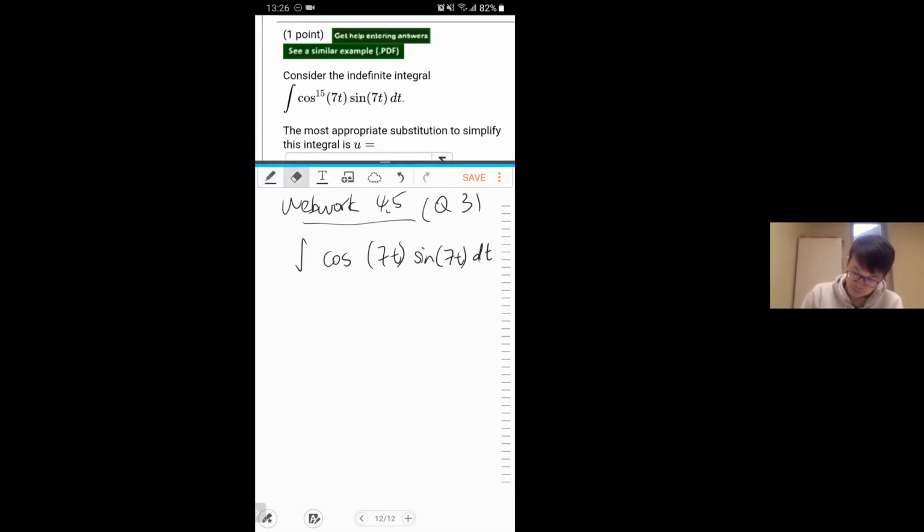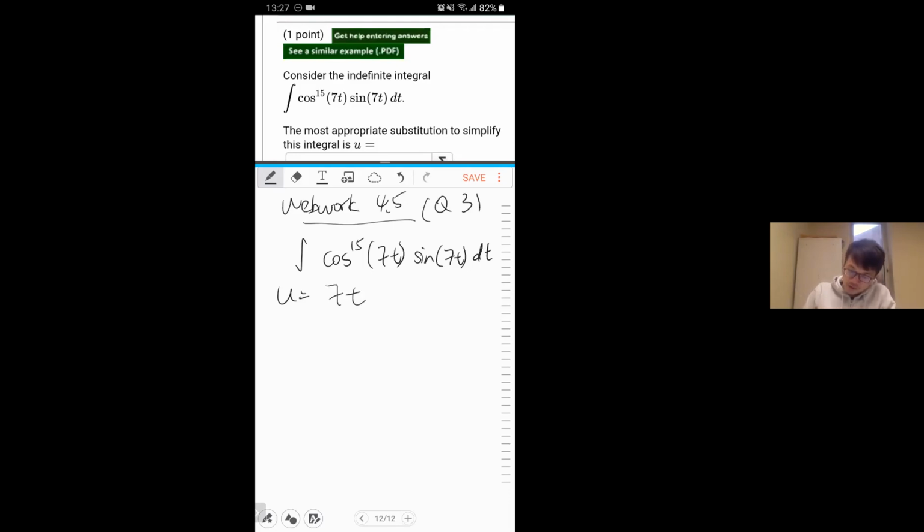What do you think my u function should be? Okay, let's try that.